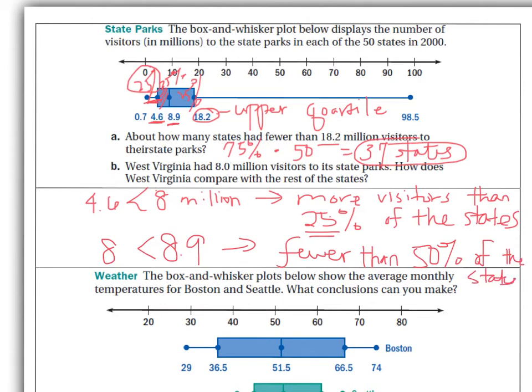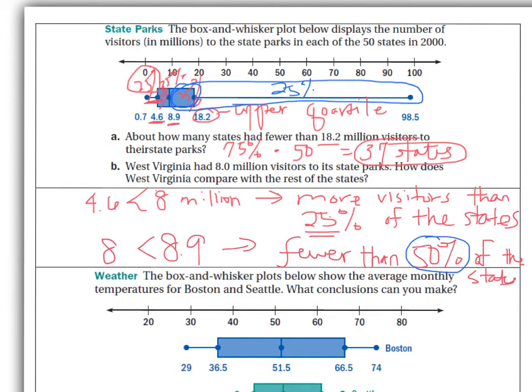And again, the 50% represents this part. Okay, so this is 25%. This part of the box is 25%, 25, 25, 50. And that's how we read or interpret a box and whisker plot.